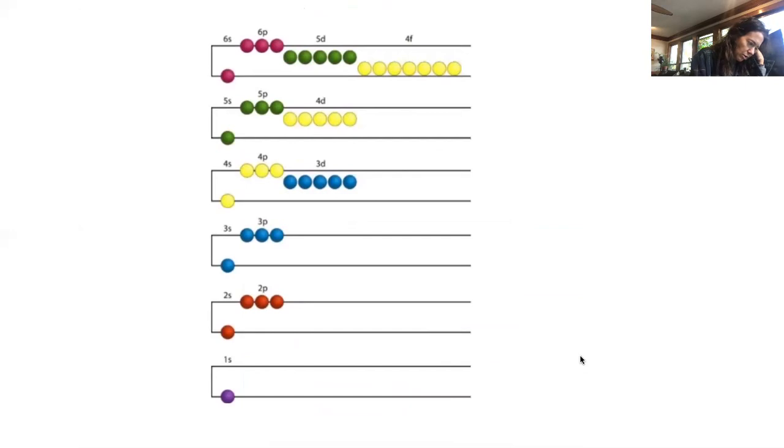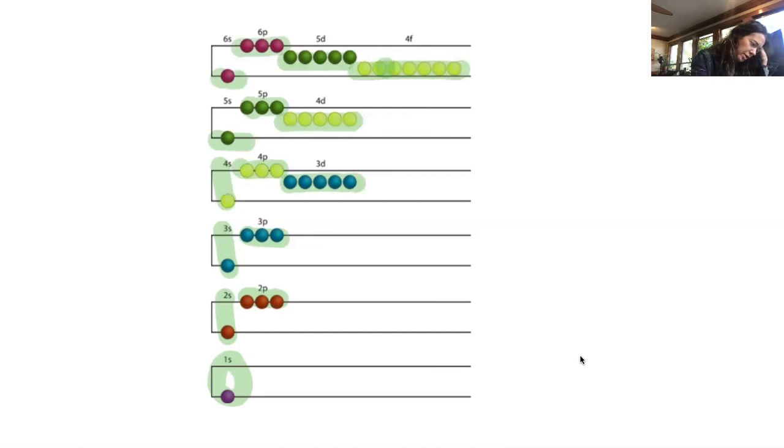Let me get my highlighter again. Here's your 1s, your 2s, your 2p, your 3s, your 3p, your 4s, 3d, 4p, 5s, 4d, 5p, 6s, 4f, 5d, 6p.